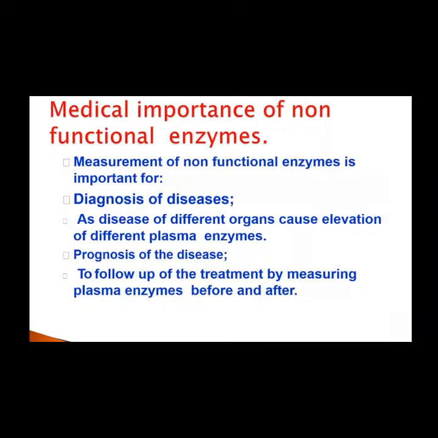So what is the medical importance of these non-functional plasma enzymes? Mainly they are used in the diagnosis of diseases. What does diagnosis mean? The process and tests carried out during the screening of disease is nothing but diagnosis. Prognosis means treatment after screening, including follow-up of the treatment by measuring the plasma enzyme before and after.